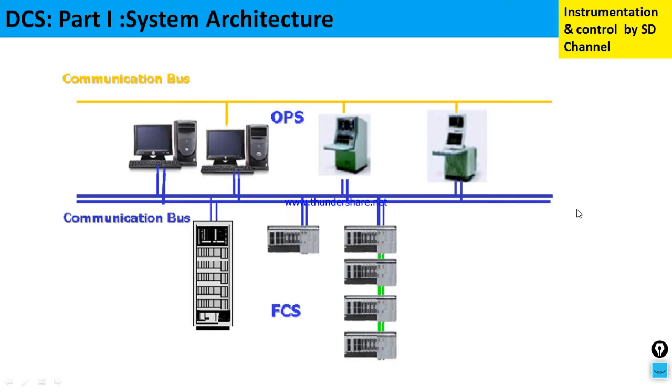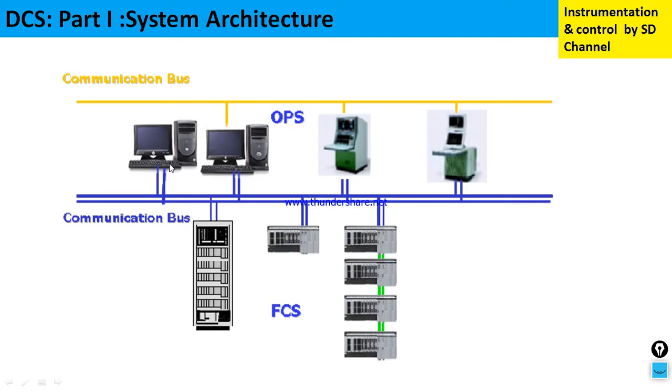Now this is the system architecture. So you can see here, this is the FCS. One FCS is connected to the communication bar, and a number of HIS are connected to the communication bar to communicate with the FCS, field control station. And another communication bar is there, which connects each HIS to each other.